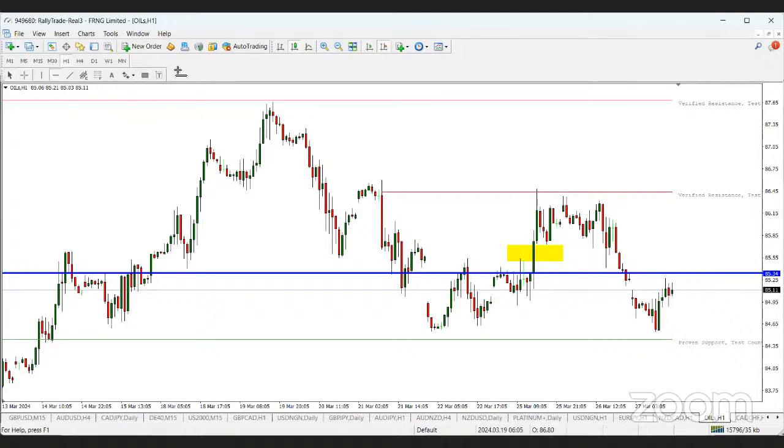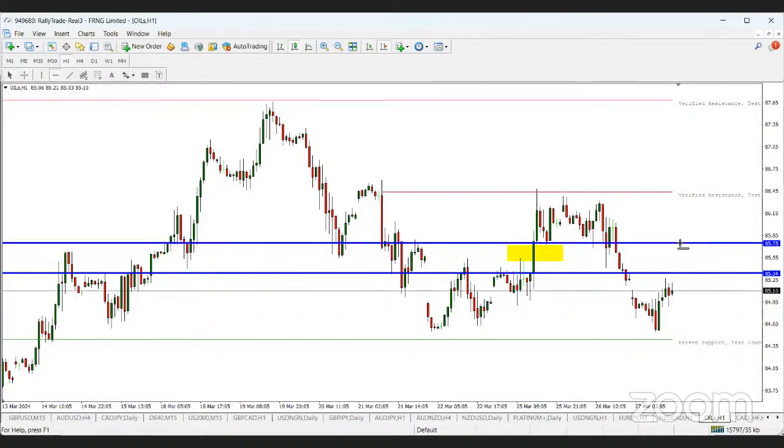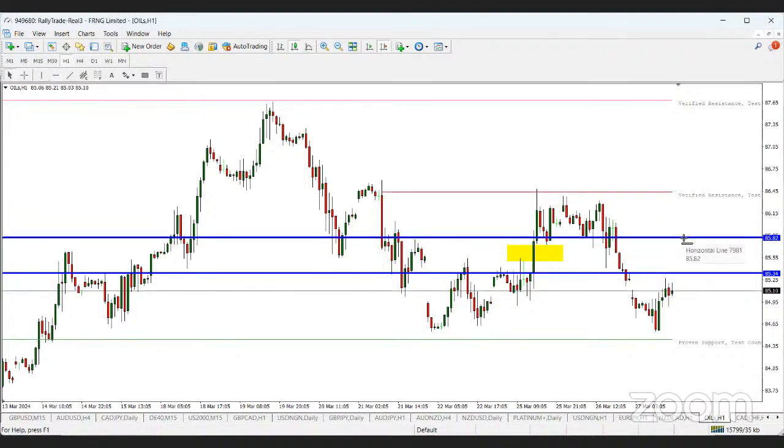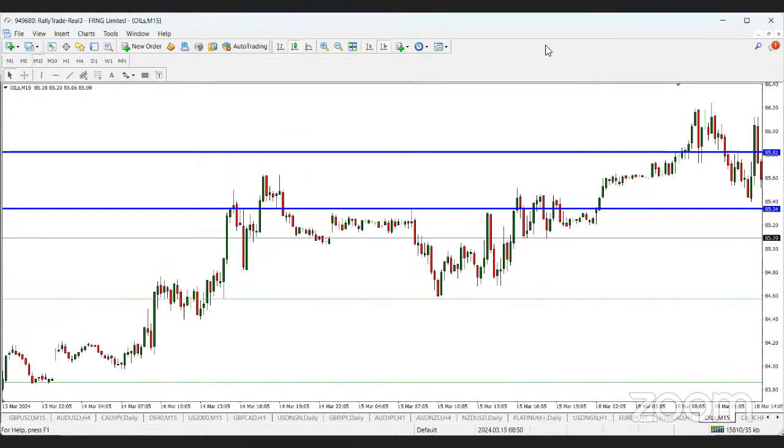I can buy oil till around 85.80. You understand? That's how I would trade oil.